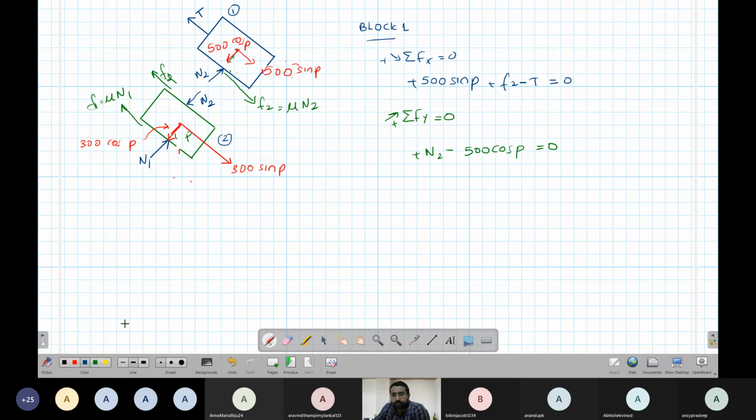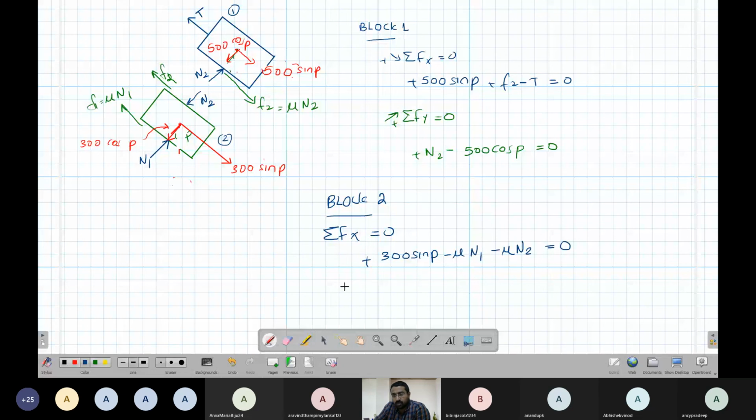Right. Now block 2. Block 2 ൽ എന്തൊക്കെയാ ഫോഴ്സുകൾ? Summation of all forces in the capital X direction should be equal to 0. So capital X എന്ന് പറയുമ്പോൾ E direction ആണ്. So 300 sin P, this is positive, minus mu times N1 minus mu times N2 equal to 0.